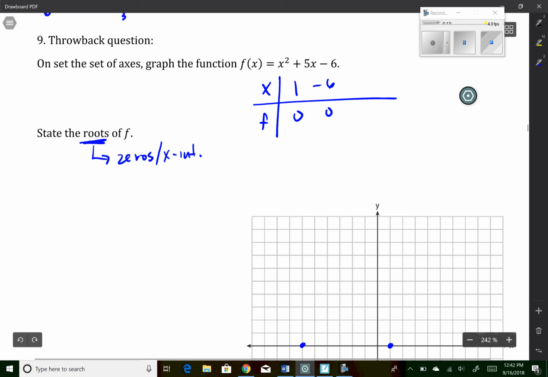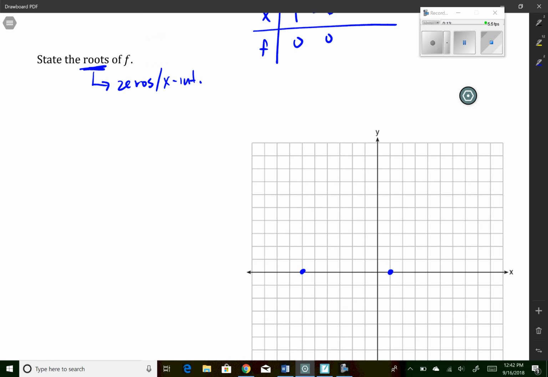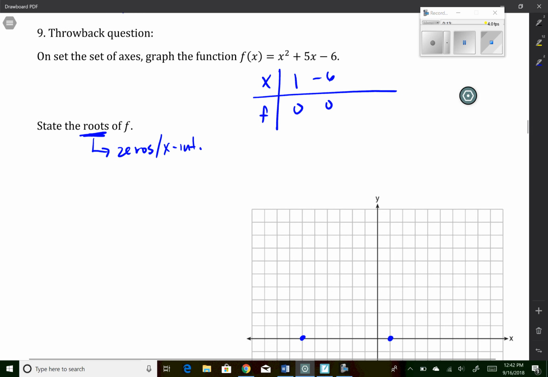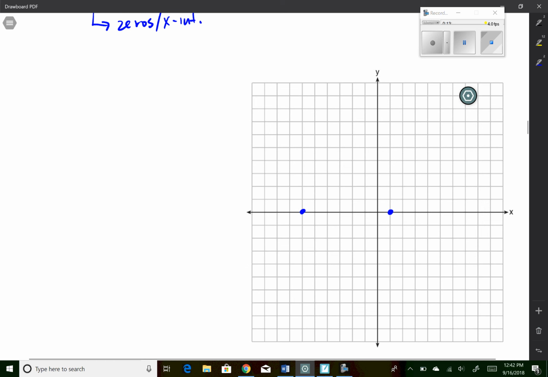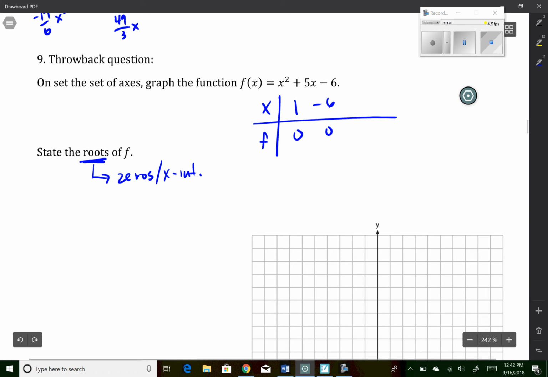And then you're going to see that there are other points that are usable, right? For example, if you put in 0, you get negative 6. And if you put in negative 5, you also get negative 6. So these points you're going to wind up using.